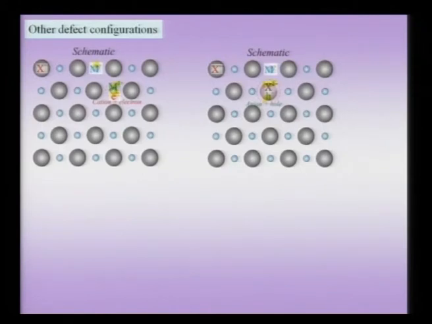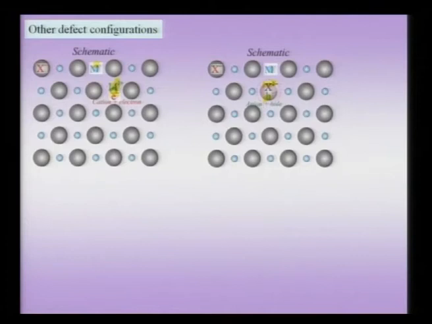That means now this is a defect in the cation sublattice, and now because it is a 2 plus, for maintaining charge neutrality there has to be an electron present, and this electron is typically localized around this M2 plus ion, giving me an overall charge neutrality. So this is a defect configuration in which there is an electron present near a cation defect.